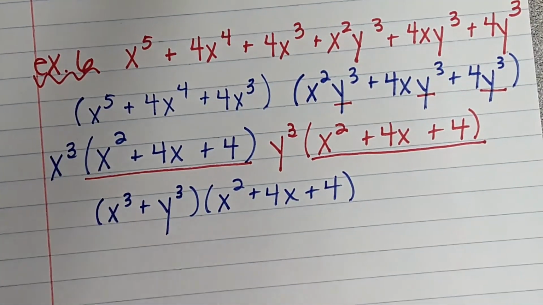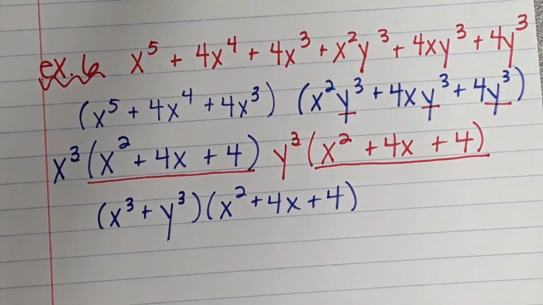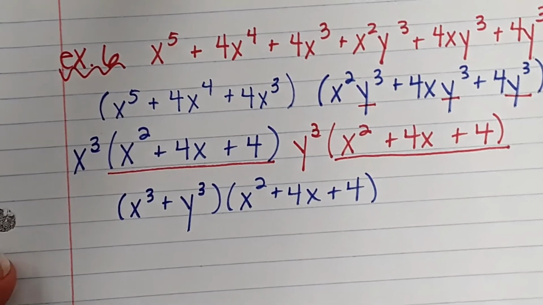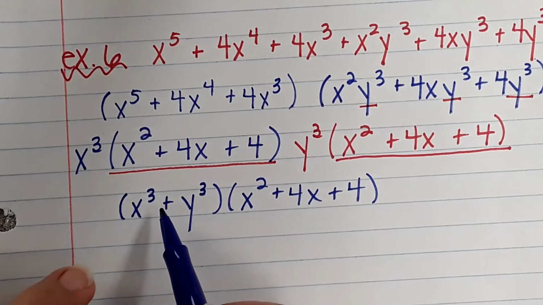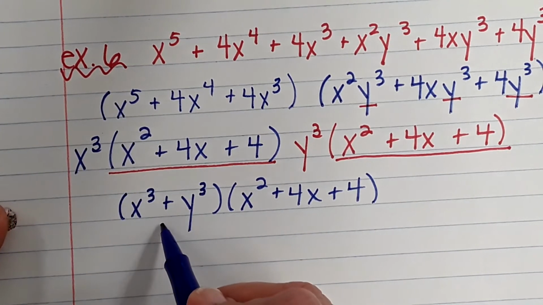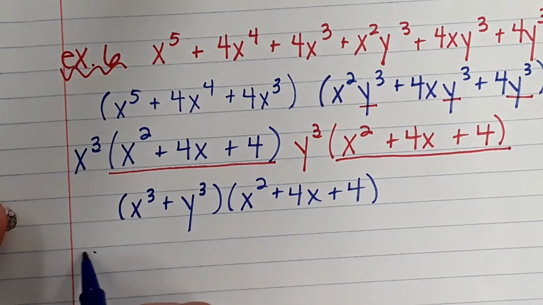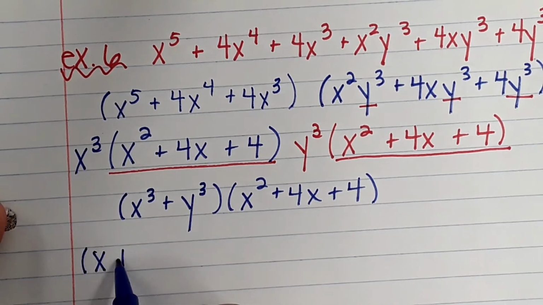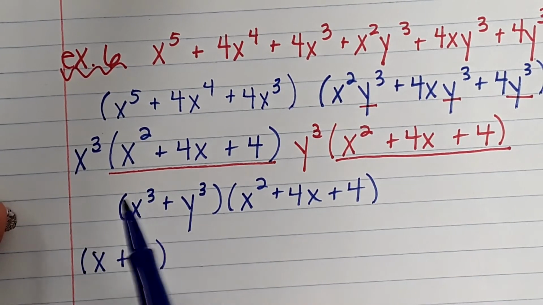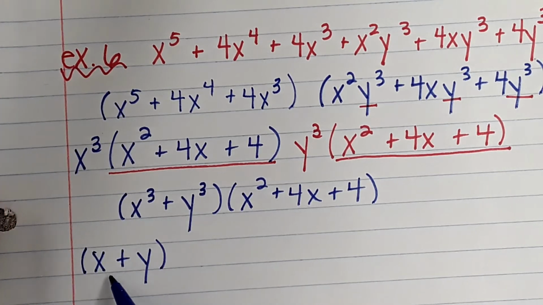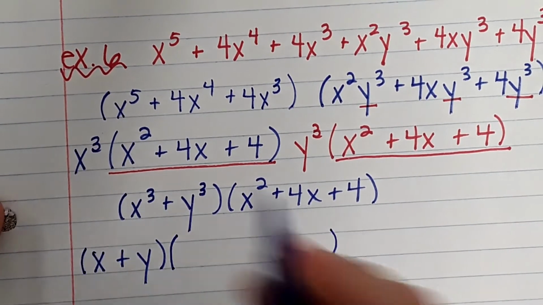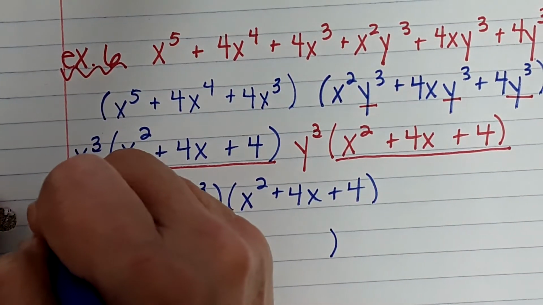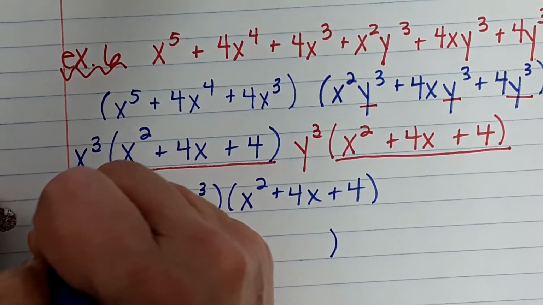So we're going to factor this. So how do you factor x cubed plus y cubed? You're going to take the cube root of x to the third. So this becomes x plus y, because the cube root of x to the third is x, the cube root of y to the third is y. So that means my a is x and my b is y.